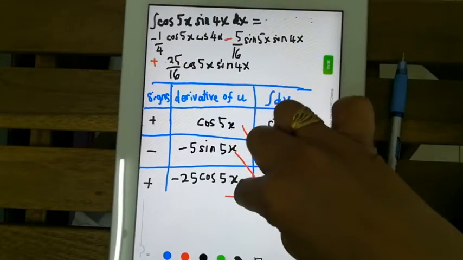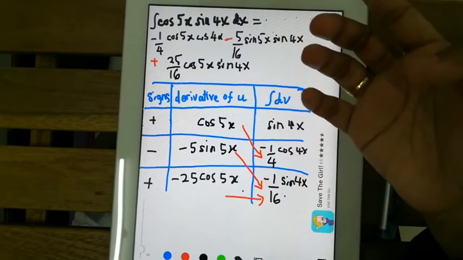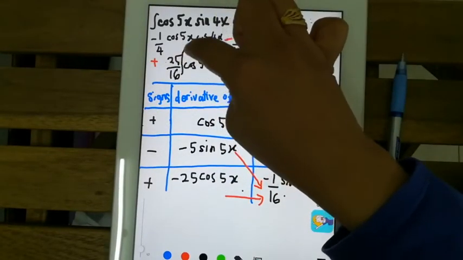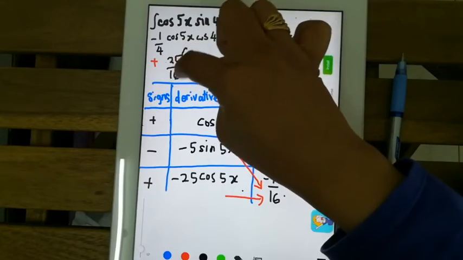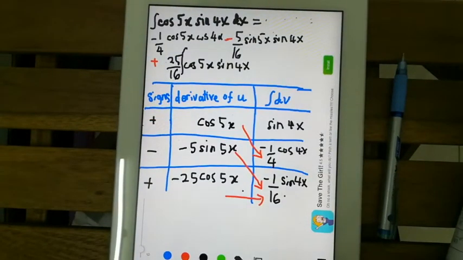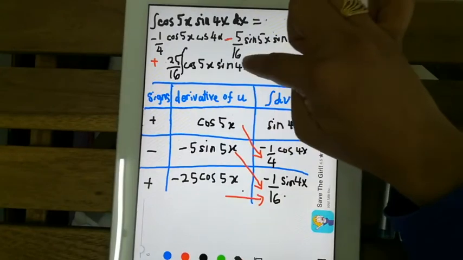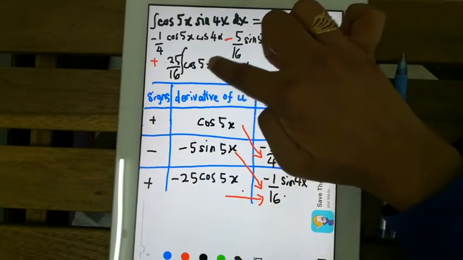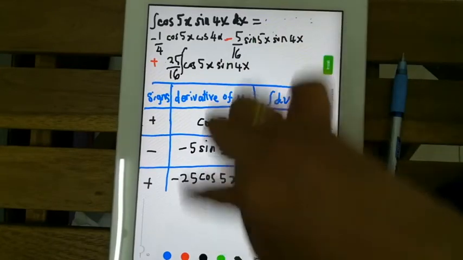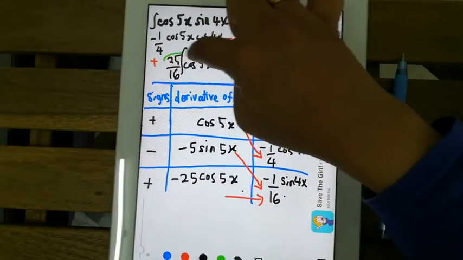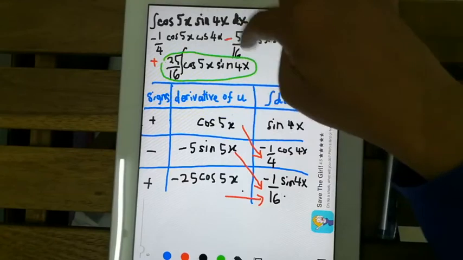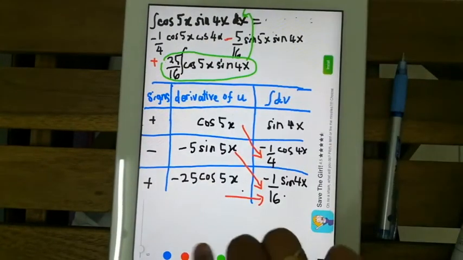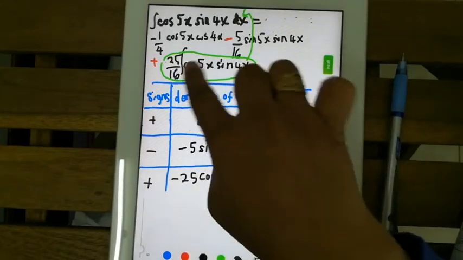Since we are not getting any 0, you have to put the integration sign there. So you can see that this is not the final answer yet until you rearrange this part here. You need to bring it to the other side, so you rearrange your answer.